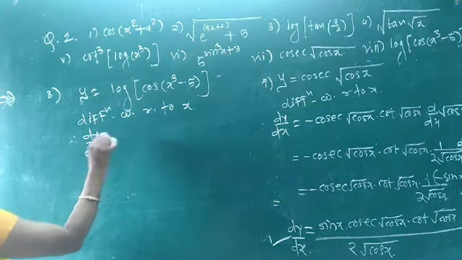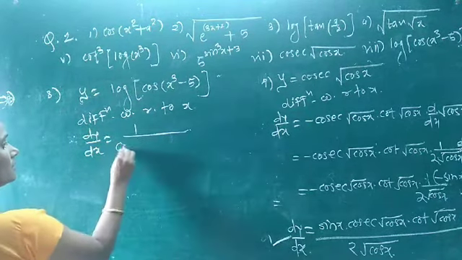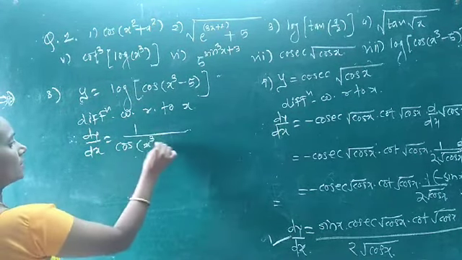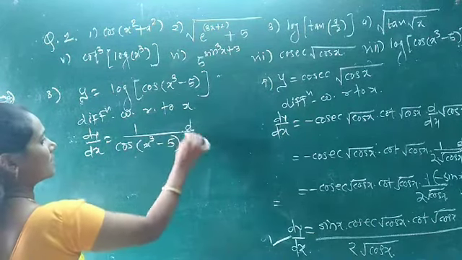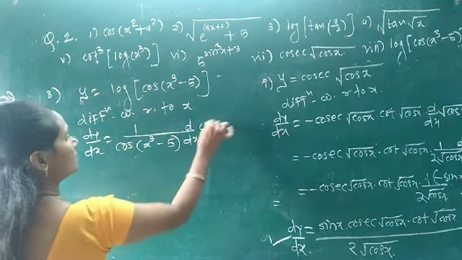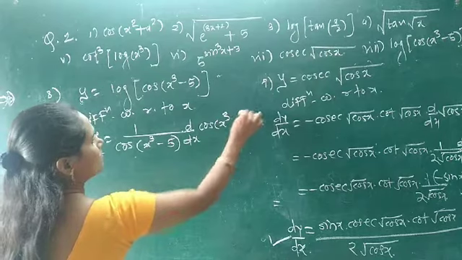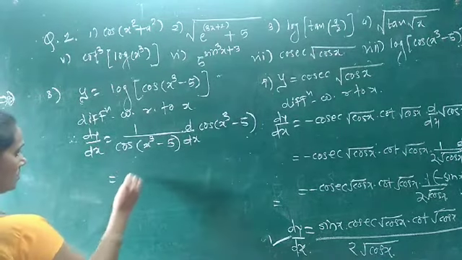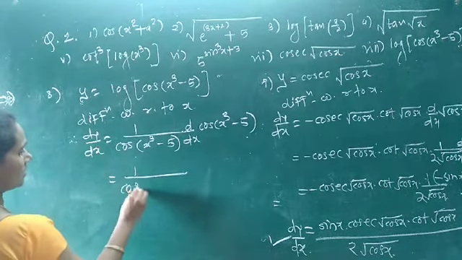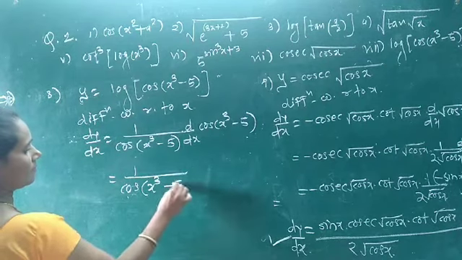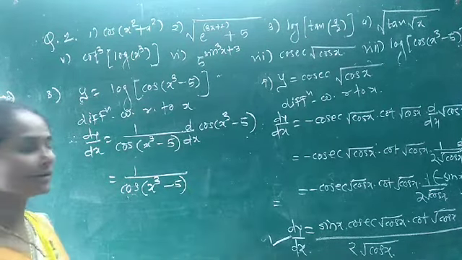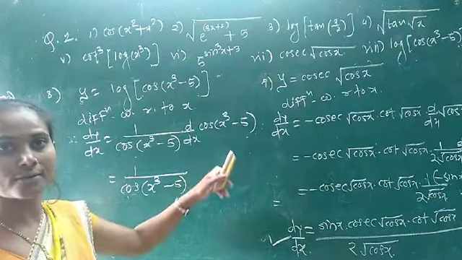Therefore dy upon dx is equal to 1 upon cos of x cube minus 5 and multiply the derivative of cos of x cube minus 5. So this 1 upon cos as it is, into what is the derivative of cos theta? Minus sin theta.